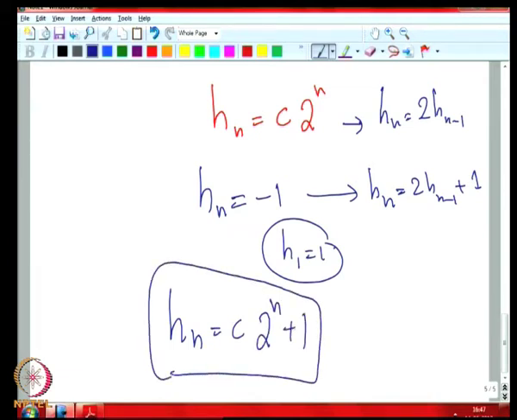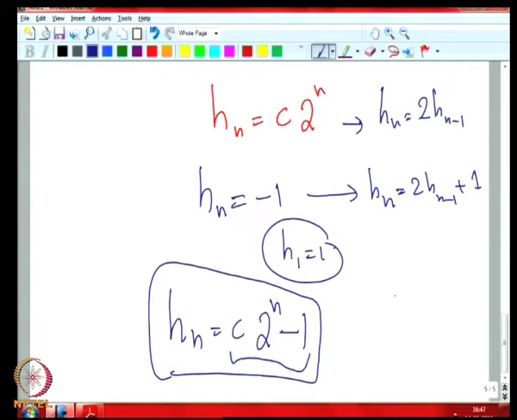It is indeed, because if you substitute Hn equal to C into 2 raised to n, plus 1, sorry, Hn minus 1. So, what I did is I added these two things together, right.